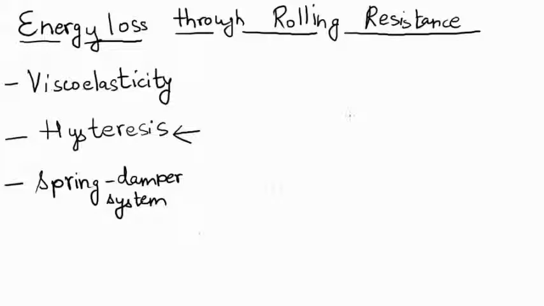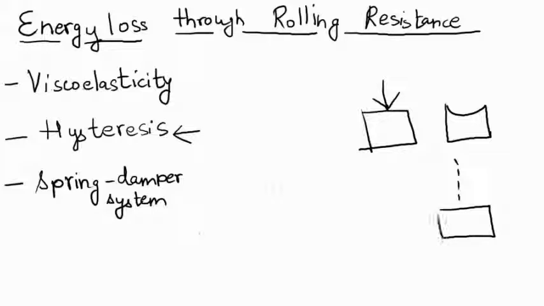Let us take an example here. Suppose there is this material, a viscoelastic material. When we exert a force on this material, it will deform a bit, and after a few moments it will come back to its original form.